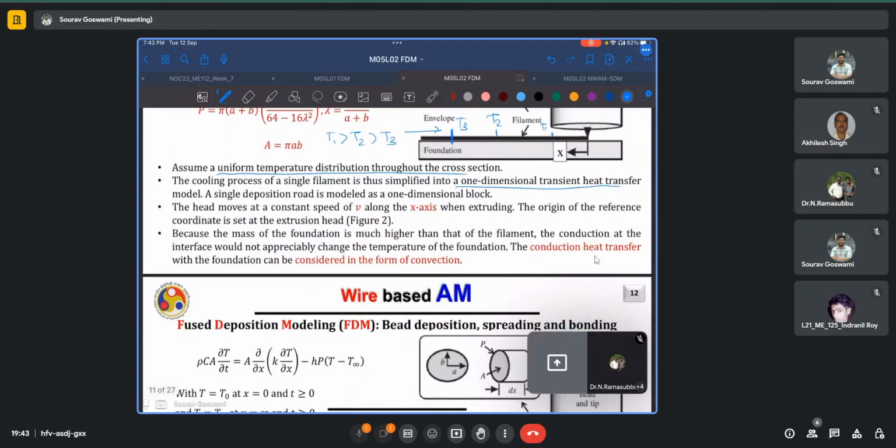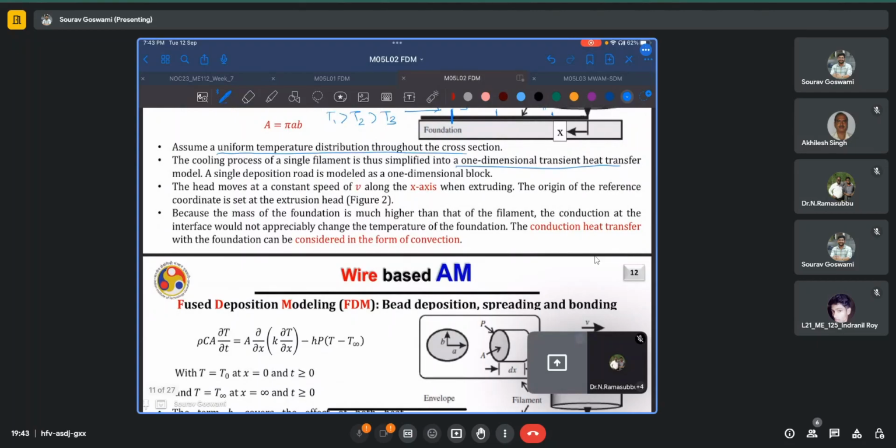And also, because usually it is assumed that the mass of the base plate or the mass of the foundation is much higher compared to that of the filament, the conduction at the interface between the build plate and the deposited bead would not appreciably change the temperature of the foundation.